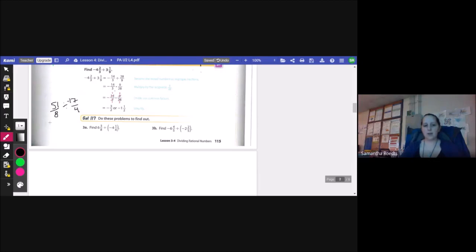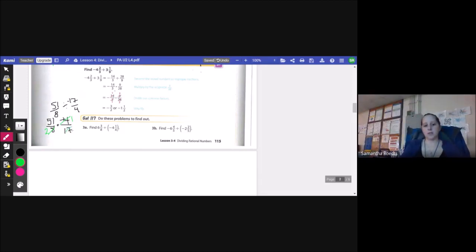Okay. So I'm going to keep, change, flip. Okay. So 4 and 8 simplify. They become 1 and 2. 51 and 17 also simplify.